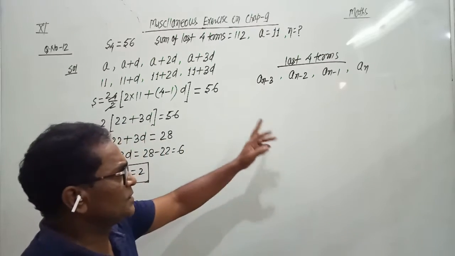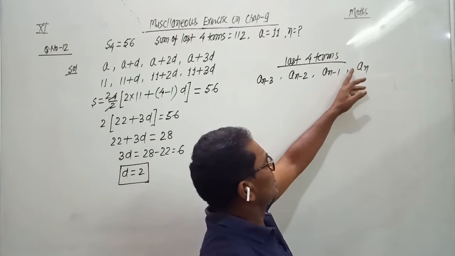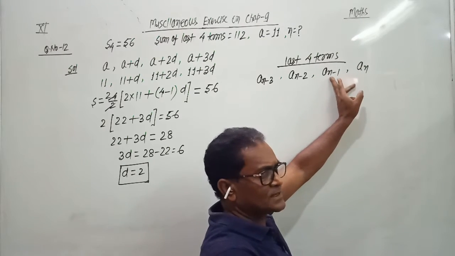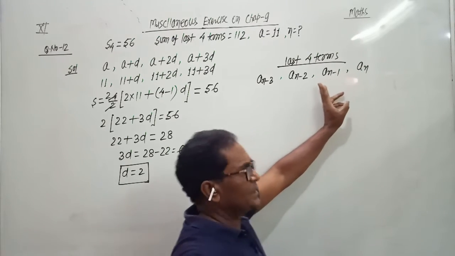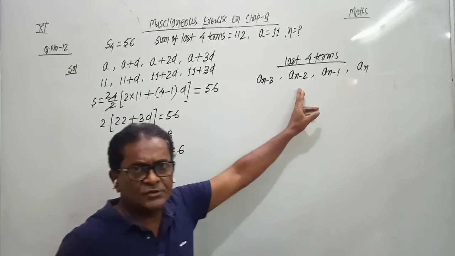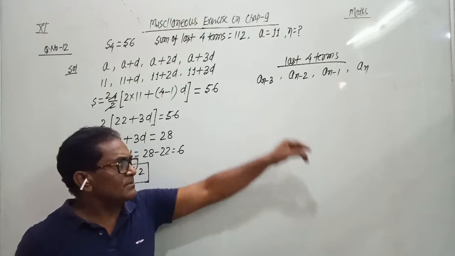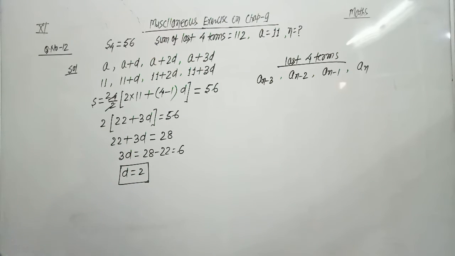The last term is a n, just before it is a n minus 1, before a n minus 1 the term a n minus 2, and before a n minus 2 the term is a n minus 3.